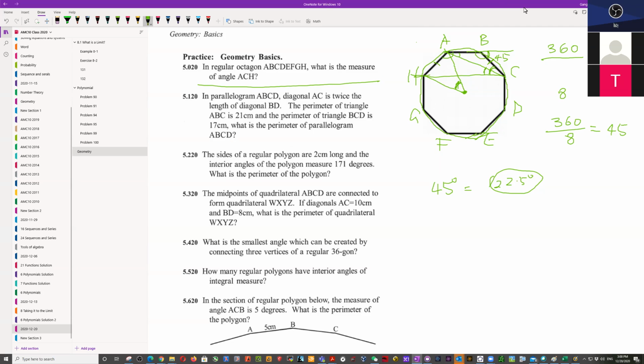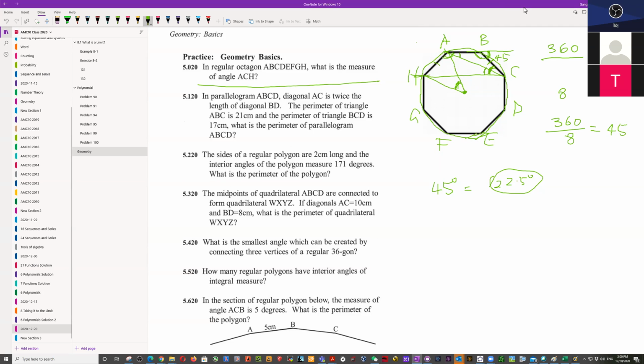So if you have equal base angles here and equal legs here, it will produce an isosceles trapezoid. So when you see that this is 45, this is also 45.